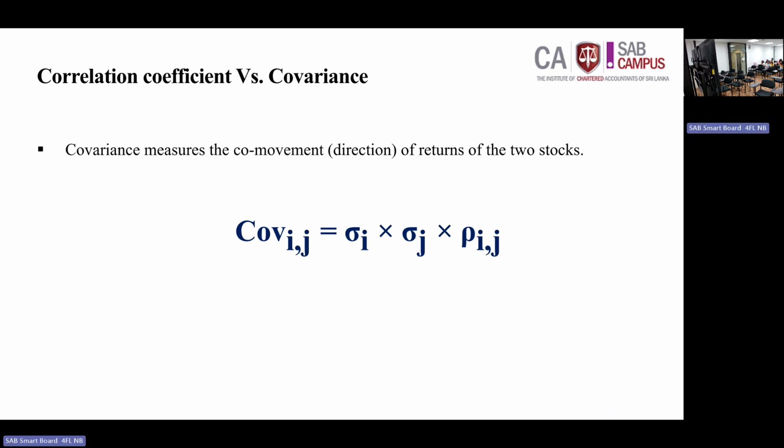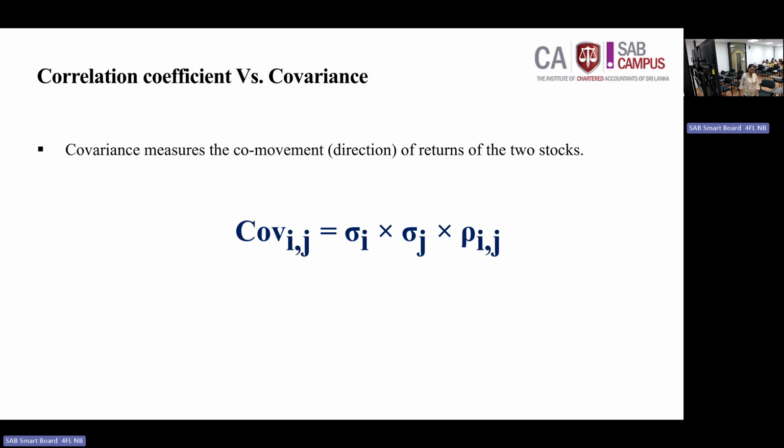Weighted risk of the first asset, then the weighted risk of the second asset, and the third component, the relationship among the returns of the particular shares. We call it a weighted covariance. What is going to change here is the covariance part.